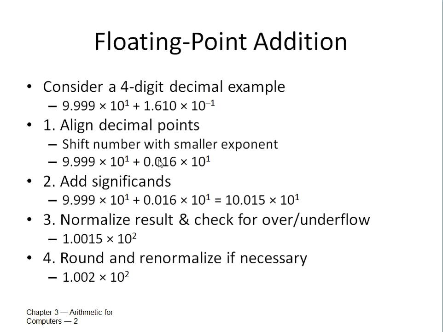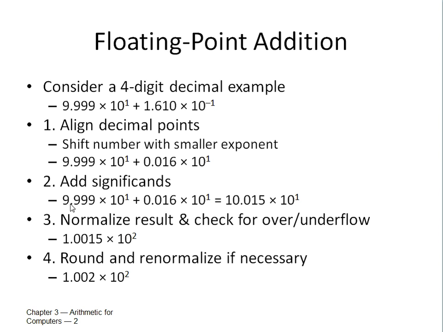The sticky bit is set to everything in this one after the guard and the round, added up together. So it ends up being an OR of all the remaining bits. And it is OR instead of XOR, so the more of them you have, the more you get into the sticky bit. That's the basic idea, and those 3 extra bits allow us to do more accurate addition to handle the fact that rounding needs to be done.